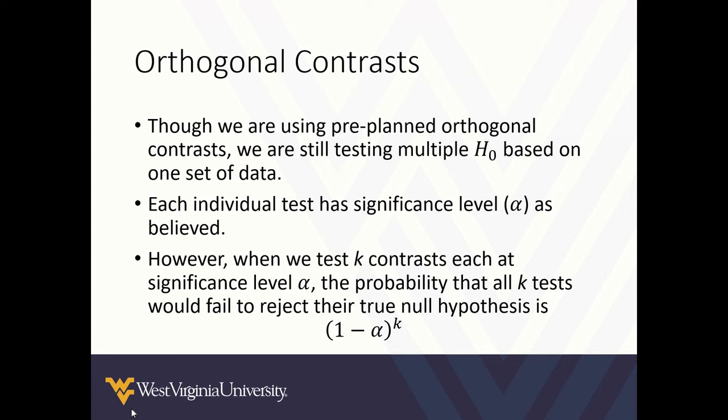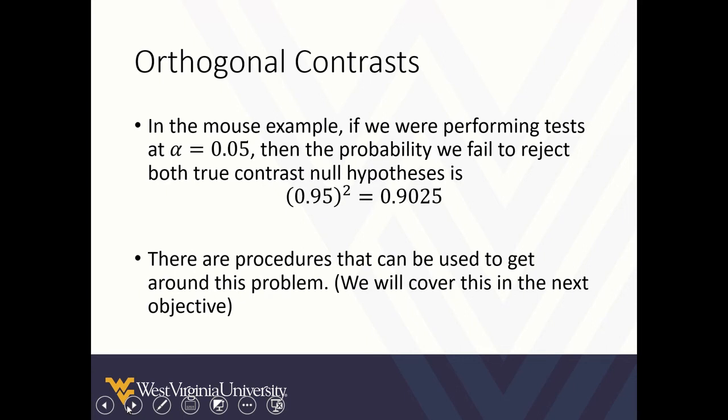However, when we test K contrasts, each at our significance level alpha, the probability that all K tests would fail to reject their true null hypothesis is (1 minus alpha) to the K. If we're in a situation like the mouse example, where we're testing only 2 contrasts, our true confidence level ends up being 0.9025, so that's a little over 90%, and that's honestly not bad.